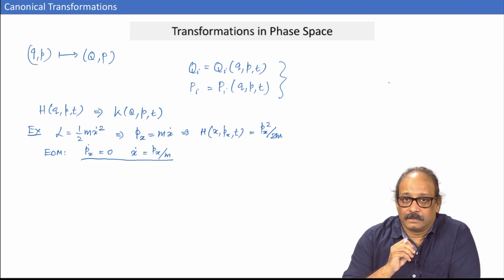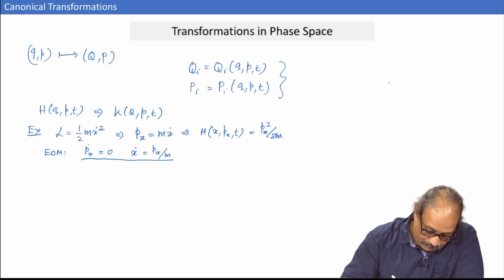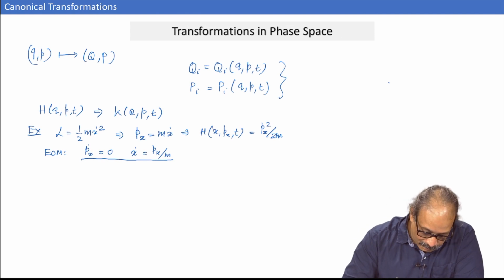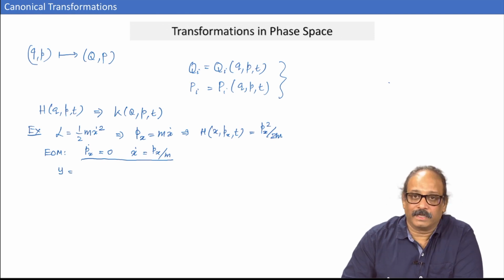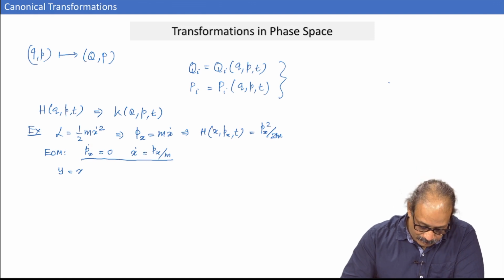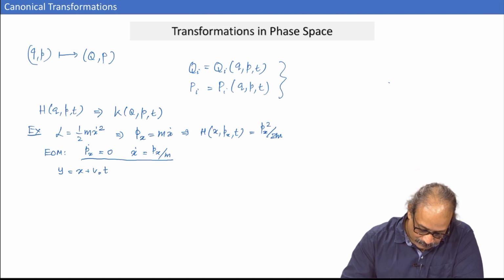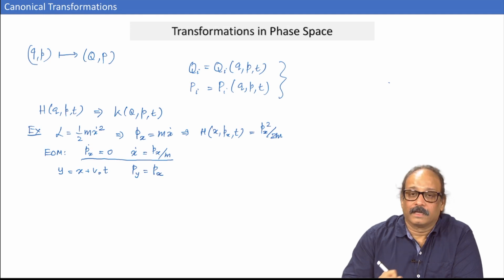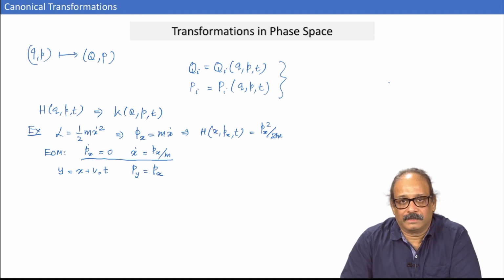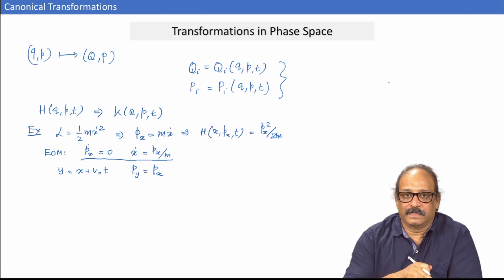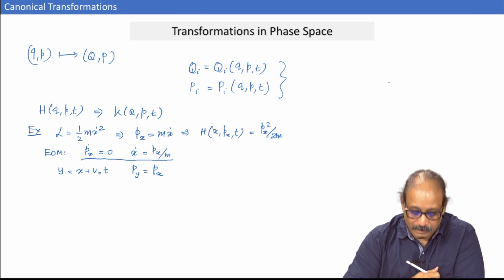Now, we want to make a transformation. I will write y, the new variable, as x plus some v naught times t, where v naught is a constant, and I will define Py same as Px, leaving Px unchanged to Py.